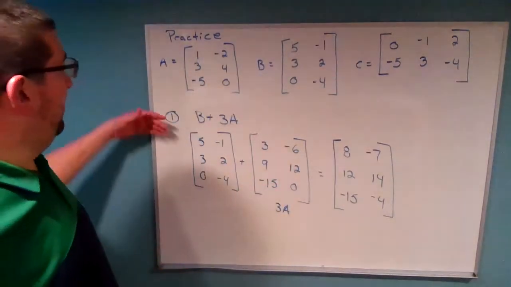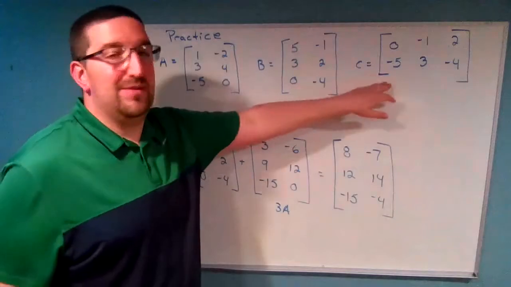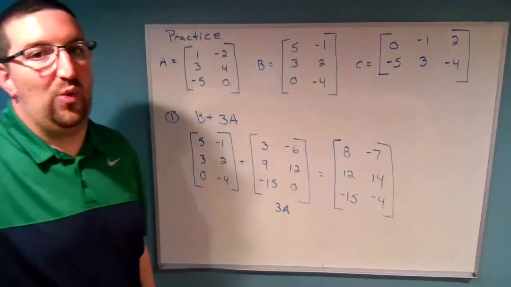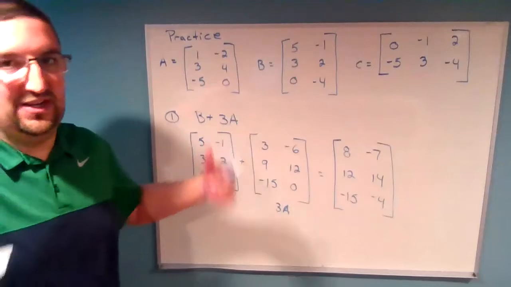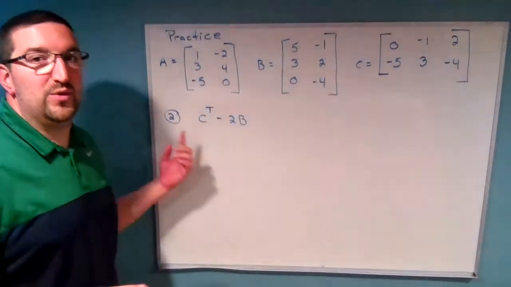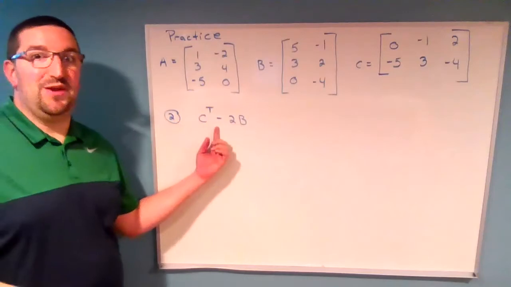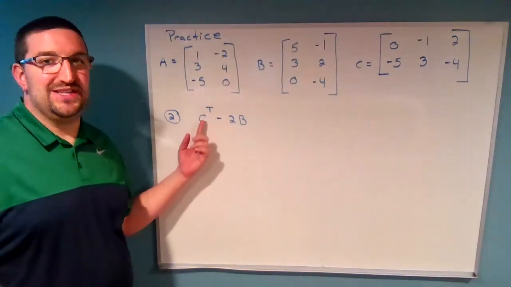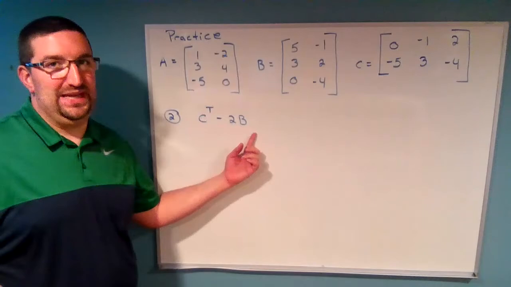Our next problem, I'm going to keep these same 3 matrices, but I'm going to have a little different matrix expression here for us to solve. Our new expression number 2 would be the transposition of matrix C minus 2B.